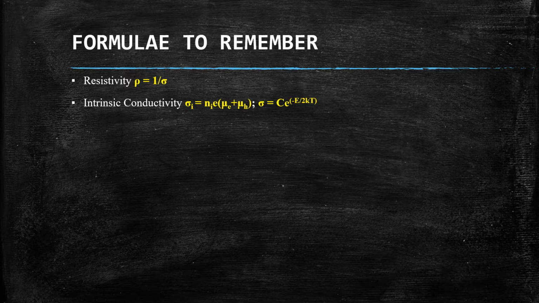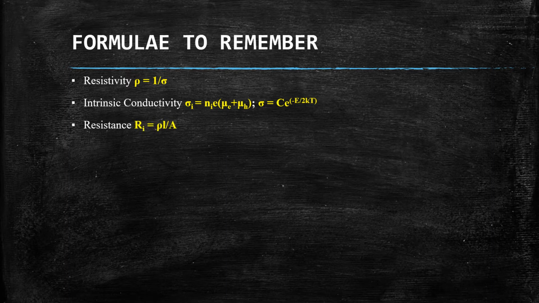Also, sigma is given by a constant times e to the power of minus E by 2kT, where E stands for the band gap energy, k the Boltzmann constant, and T the absolute temperature.